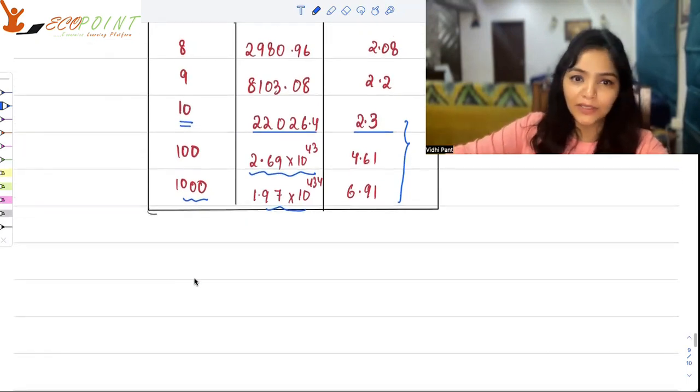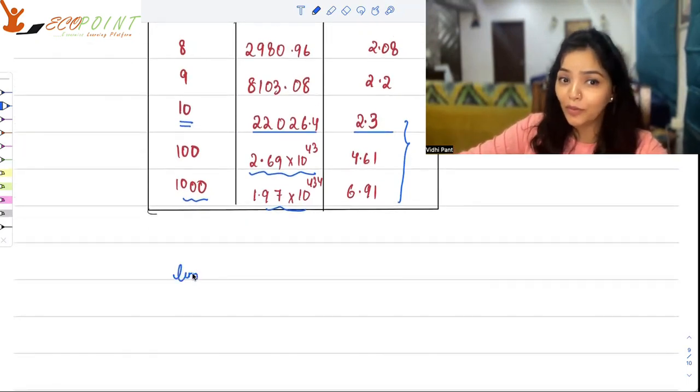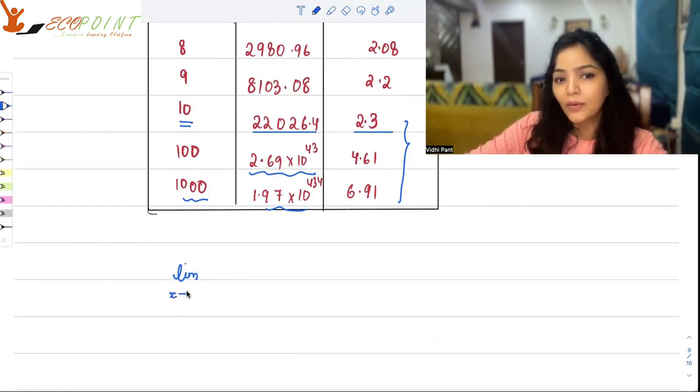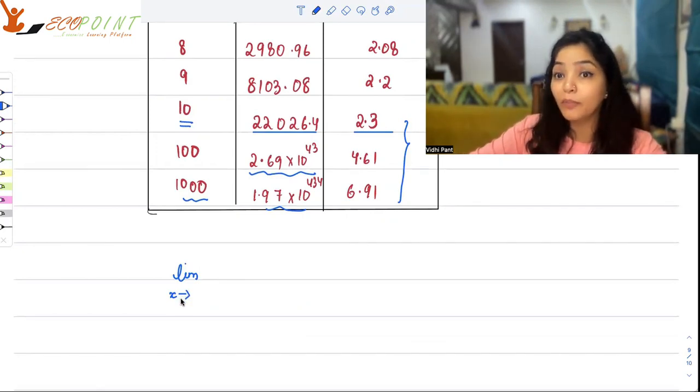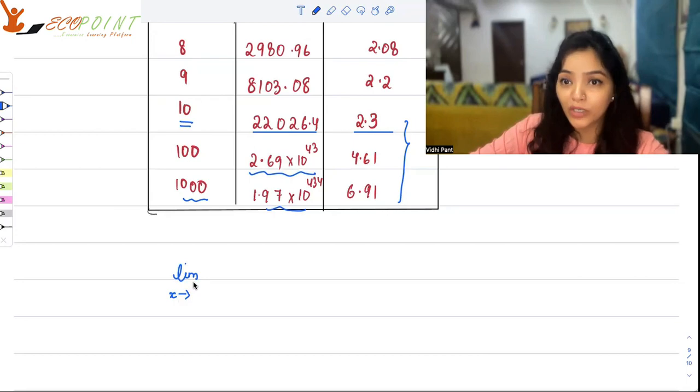Whatsoever, there are certain limits. I've not touched upon the topic of limits because I have not started calculus with you yet. But when we talk about these growths, we are talking about where we are approaching. So the concept of approaching is something that I'm using here. Limit is the concept which is associated with approaching.